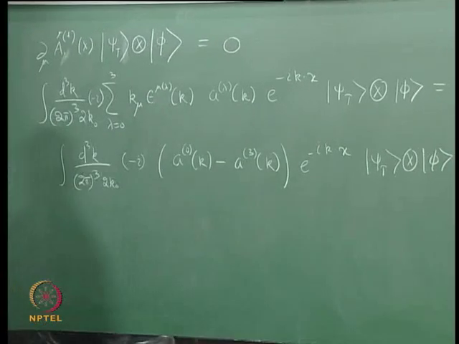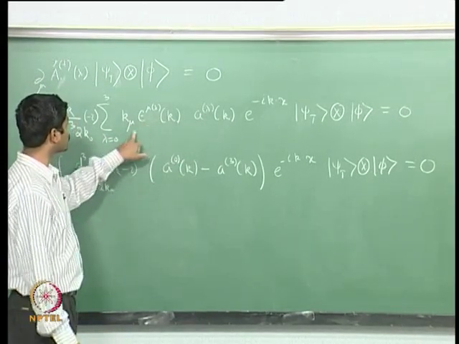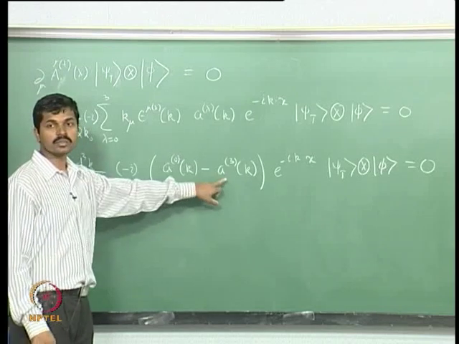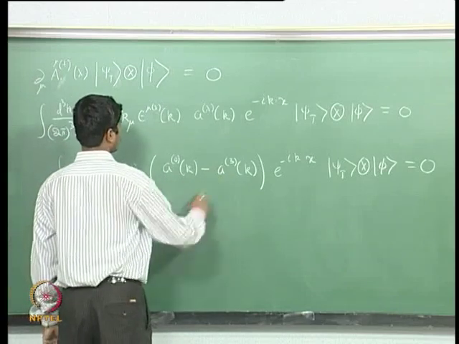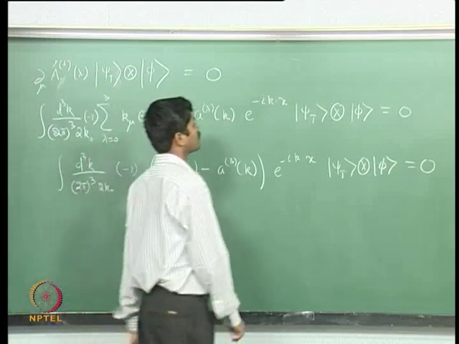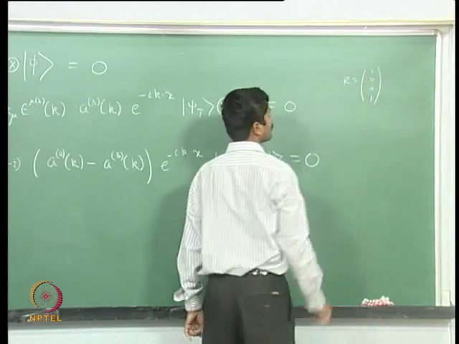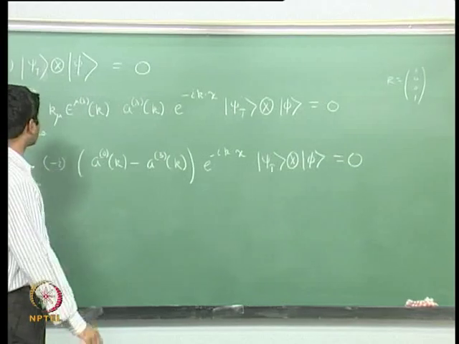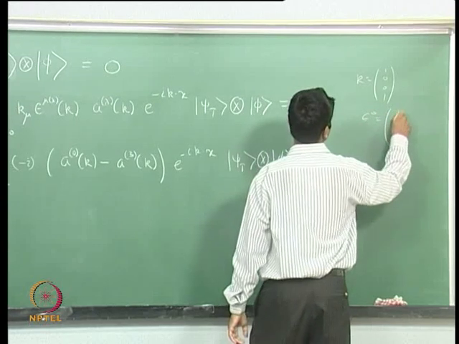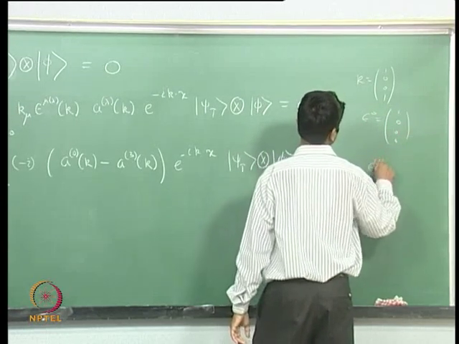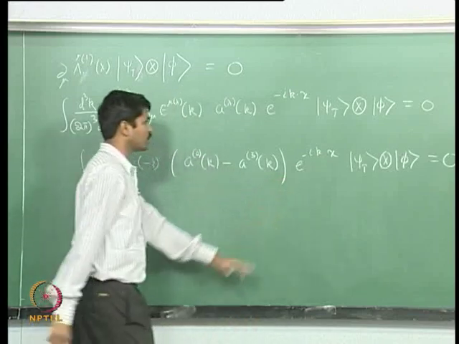Is this clear? This lambda equal to 1 and 2 just goes away, and k dot epsilon just gives you this minus sign here. k is just a null vector, and you can choose k to be something like 1 0 0 1, and then, according to our choice, epsilon 0 is just 1 0 0 0, whereas epsilon 3 is 0 0 0 1, and then this factor will simply give you this.